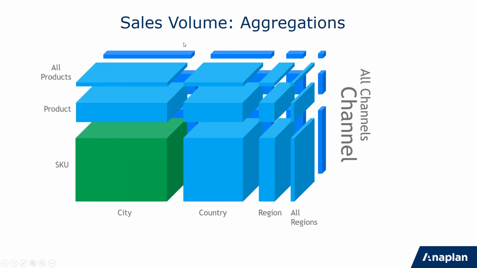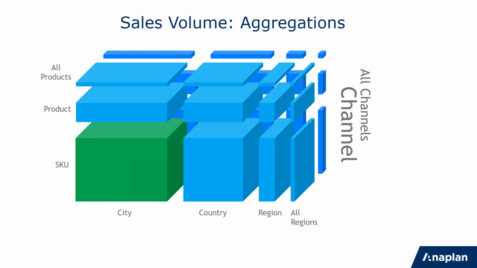So just a diagram of this. The green represents the leaf data, and these are all the aggregate blocks. So we've got the aggregation up the region hierarchy, the aggregation up the product hierarchy, and then if you look down through the pages, the aggregation into the channels hierarchy.